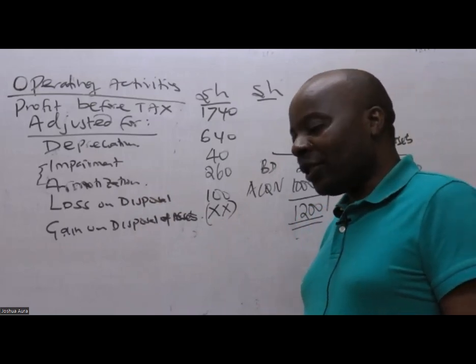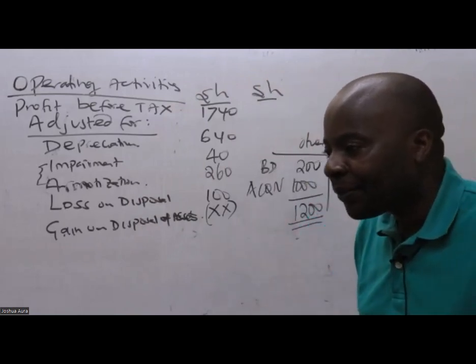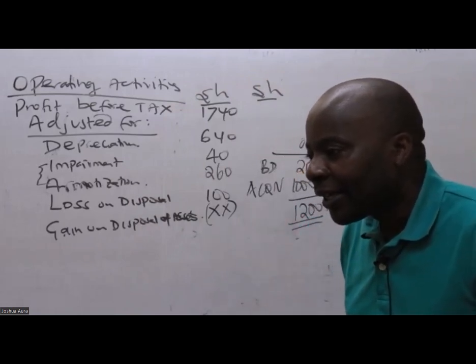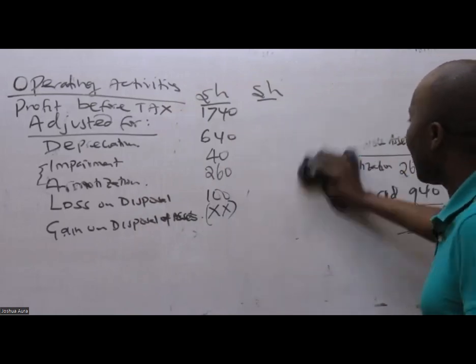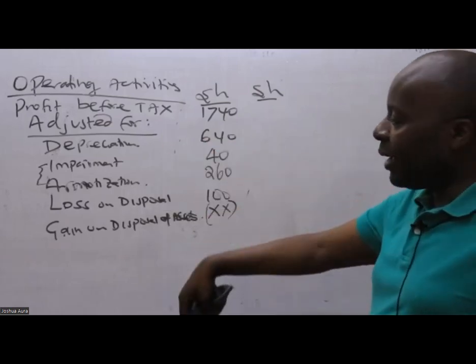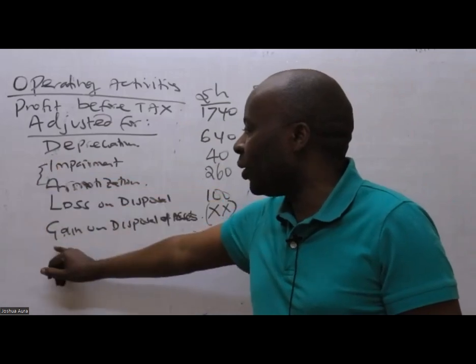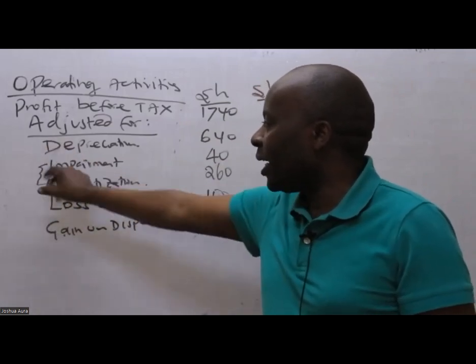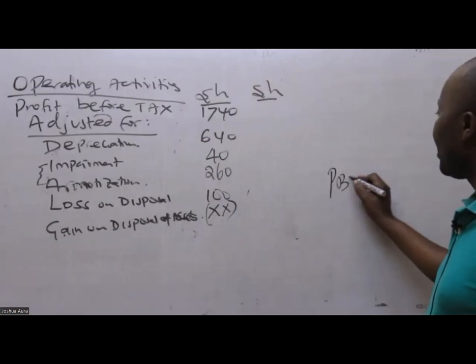Now, from there, ladies and gentlemen, I'll come very fast here. And then remember, after I've been able to tackle this concept, very important, I'll have to come and look at this profit before tax.